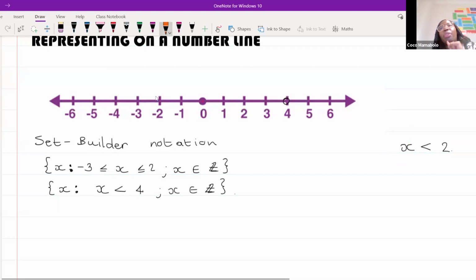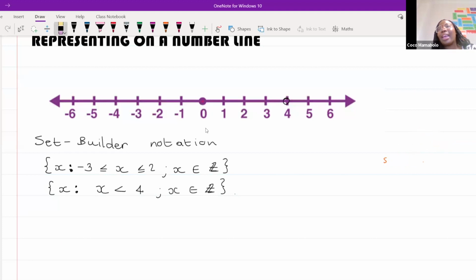My crocodile mouth opens towards 2, which means my numbers for x must be smaller than 2. Give me an example of a number smaller than 2. Good, Sketelo, good. 0, -7, -5, 1, excellent, good. -2, beautiful examples, guys, excellent.